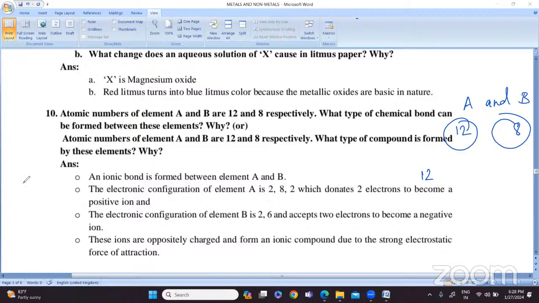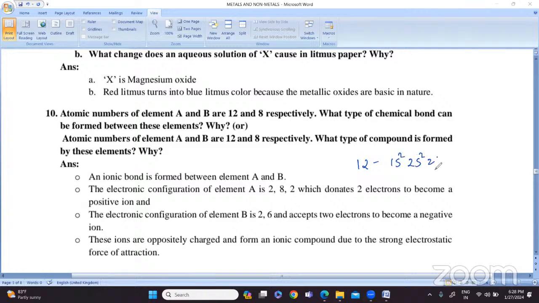If I write the electronic configuration of 12, it will be 1s2, 2s2, 2p6, 3s2. Then for 8, it is 1s2, 2s2, 2p4. So this is A, and this is B.